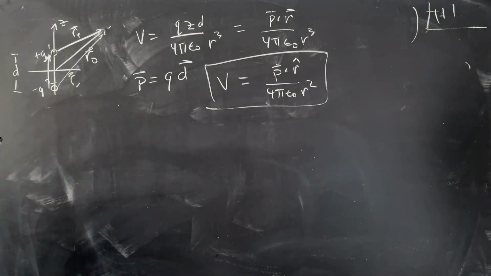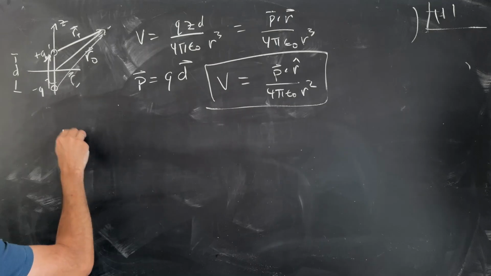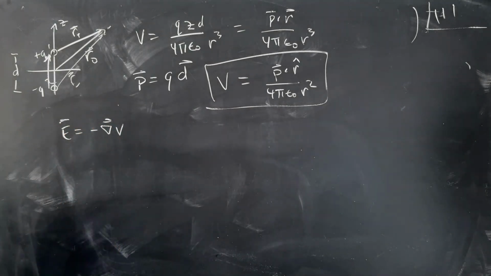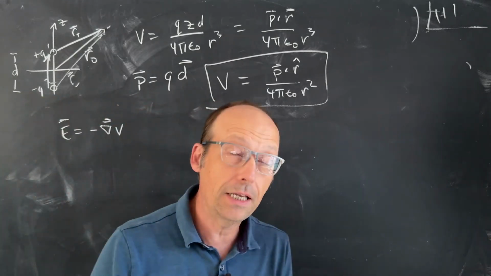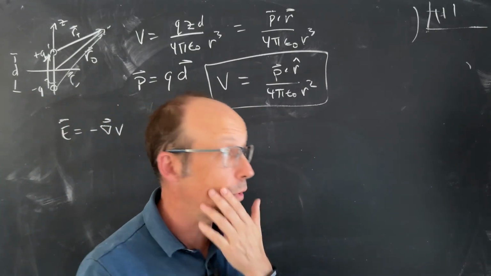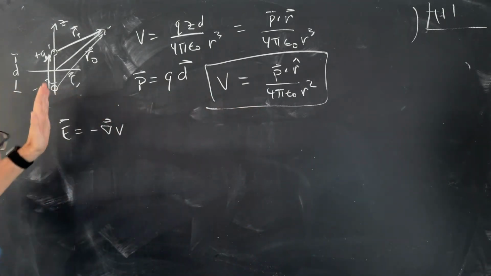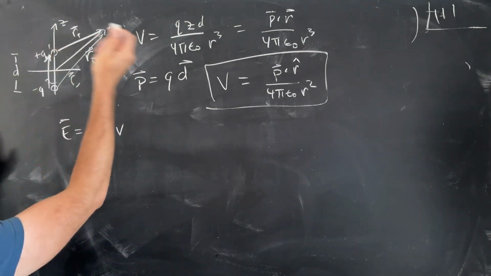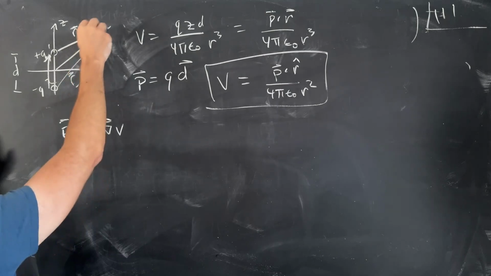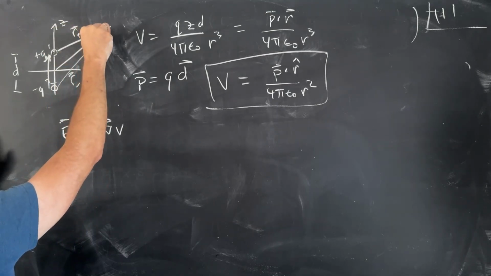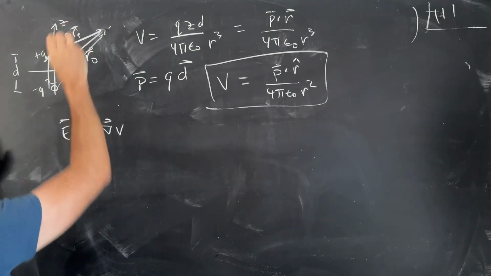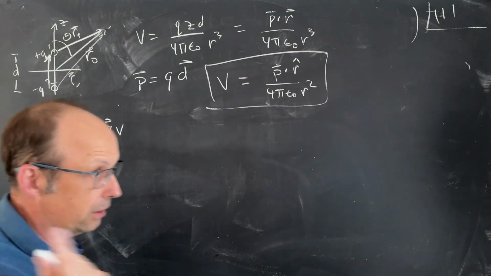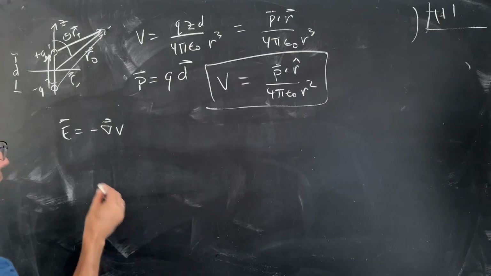Okay, so if I want to find the electric field, remember we defined the electric field as negative the gradient of the potential. In this case, you could write the gradient in terms of Cartesian coordinates. But if this is my z direction and nothing changes in the phi direction in the xy plane, I can just describe this vector as some magnitude r and some angle theta. In that case, I can write the gradient this way.